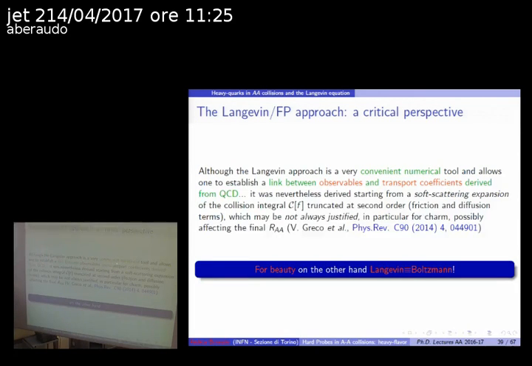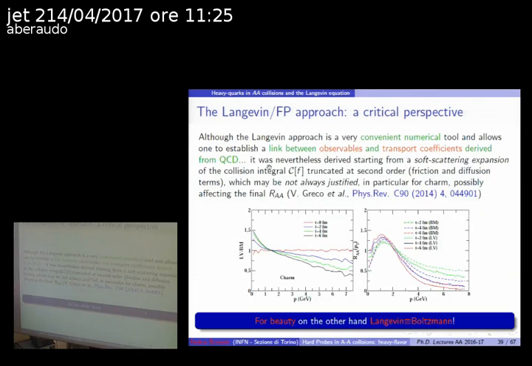Because although it is a convenient numerical tool, because it links observables with the transport coefficient, which is something that you can calculate in principle, the Fokker-Planck or Langevin equation is in any case based on a soft scattering expansion of the collision integral. So how justified this expansion is can be a matter of debate.